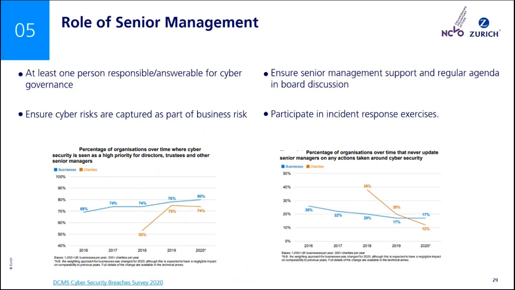What controls are getting implemented, how good we are, how compliant we are, these should be discussed. And cyber risk must be captured as part of business risk. Cyber should not be taken as an IT risk, where the IT guy is responsible for it. No, cyber is a business risk. So business leaders must think about cyber.